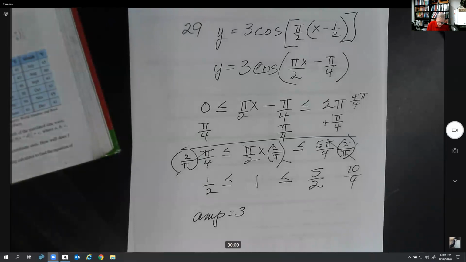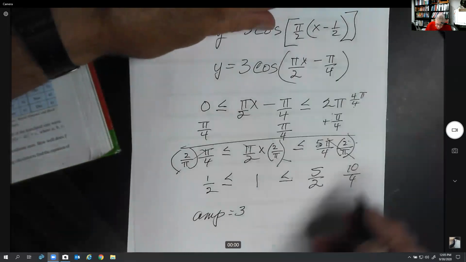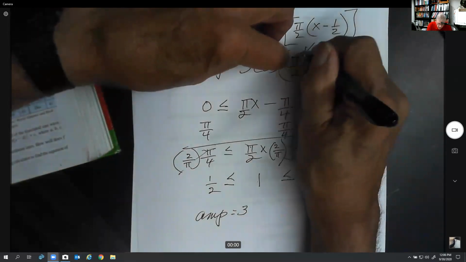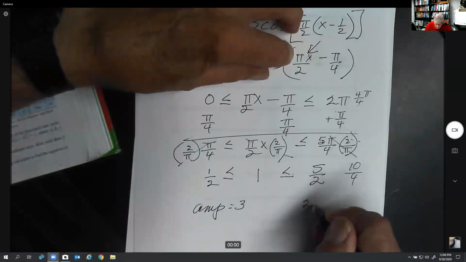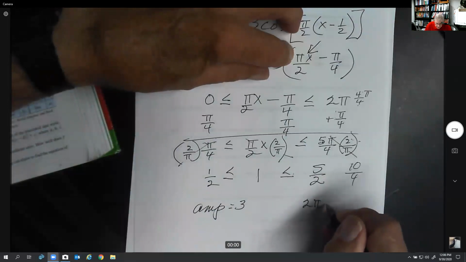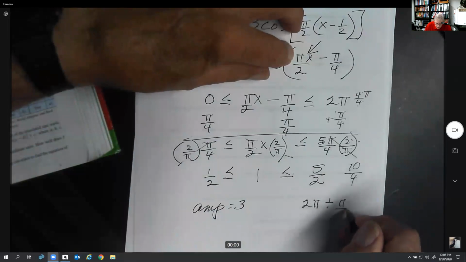The period would be, see, that's your number right here. It's 2 pi divided by pi over 2.